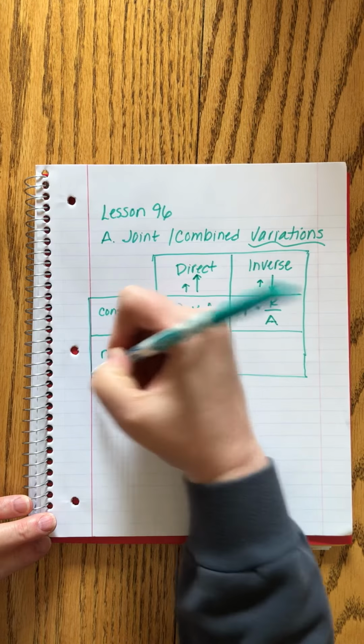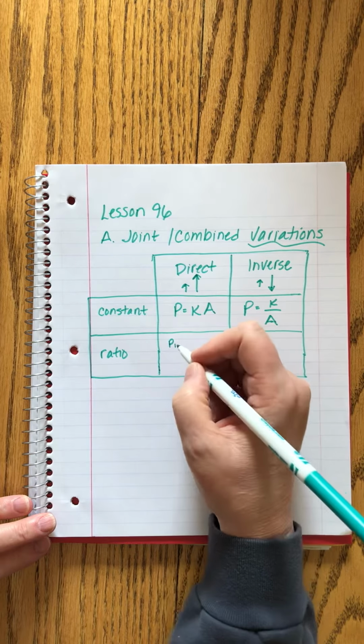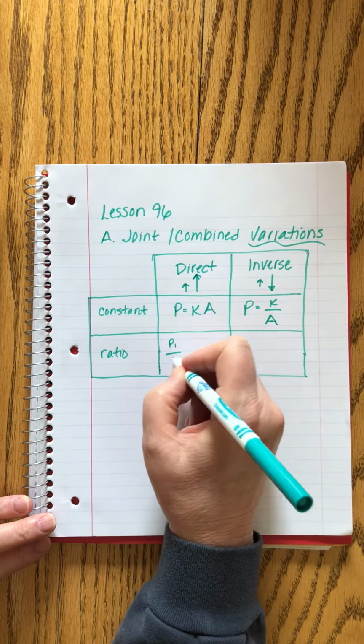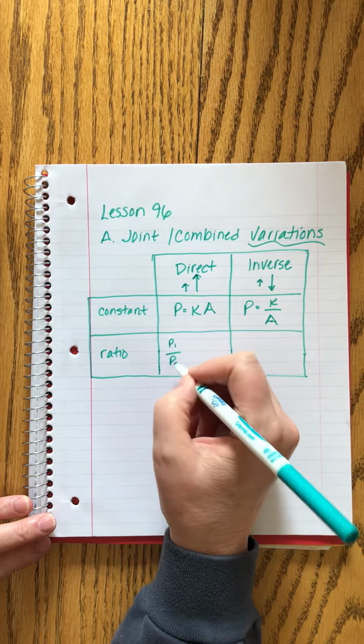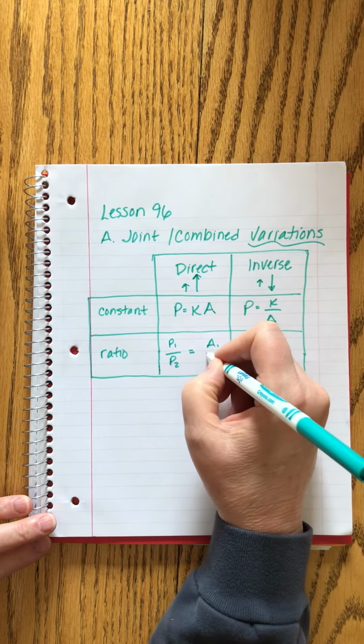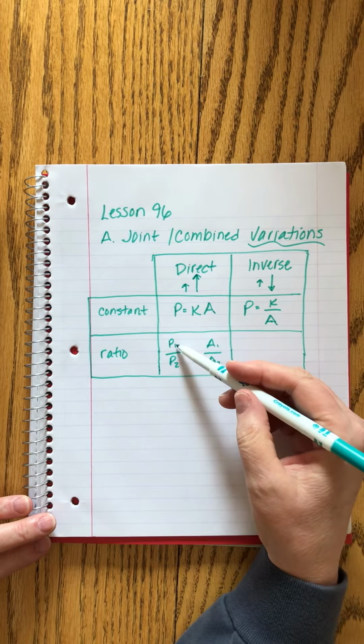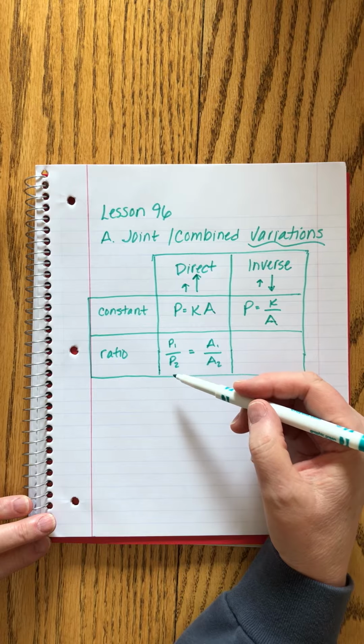Okay, so the way this formula works is P1 over P2, peaches before, peaches after, equals apples before and apples after. Notice that in both ratios, the 1 is on the top and the 2 is on the bottom, okay?